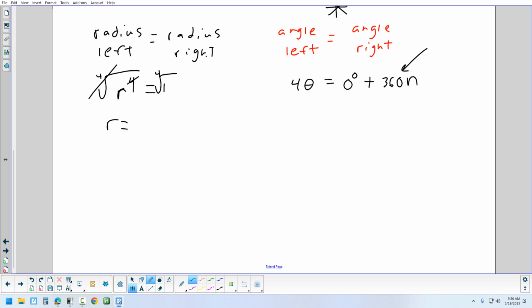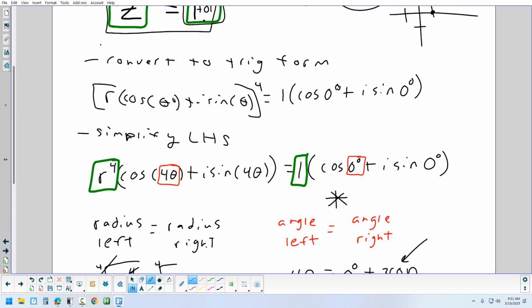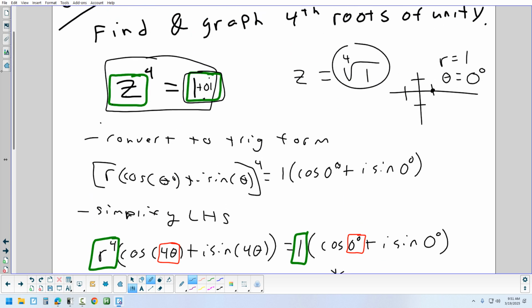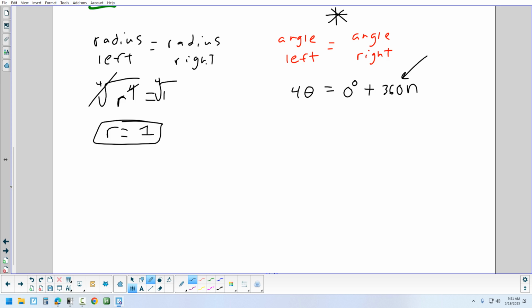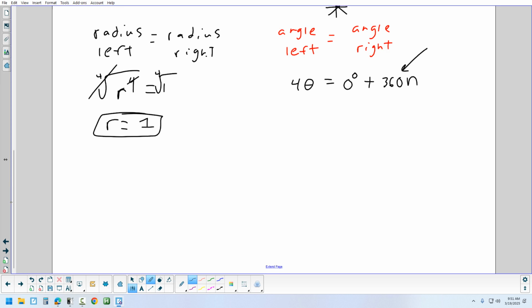It's just a real number. 4th root of 1 is 1. When we write down our 4 answers to this problem, because it's a 4th root, every answer is going to have a radius of 1. That's going to be my radius in all 4 answers.